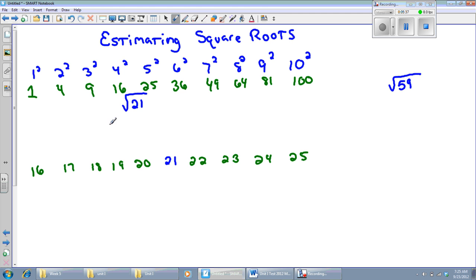And I'm going to take the square root of all of these. I'm not actually going to take the square root of all of them, but I'm going to find the square roots of the two endpoints, meaning the 16 and 25, the perfect squares.